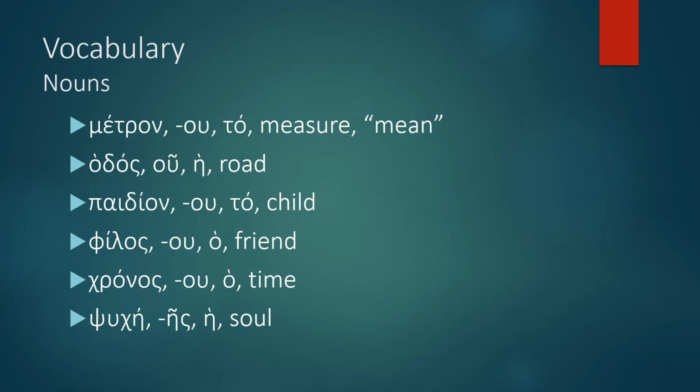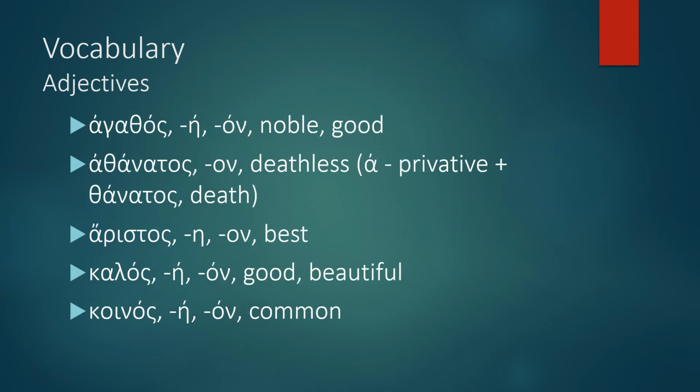Lastly, psyche, psyches, he, soul, psyche in English, directly taken from Greek psyche, but psychology, the study of the soul or the mind, personality, all that. Moving away from nouns and towards adjectives, we have agathos, agathe, agathon, which means noble or good.